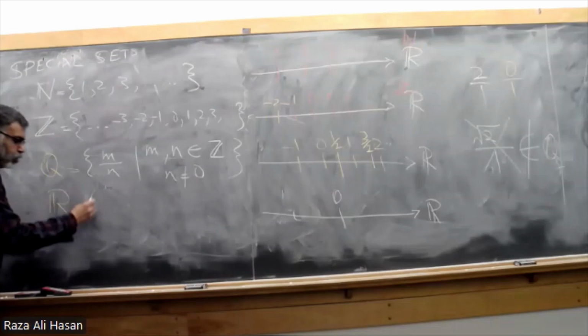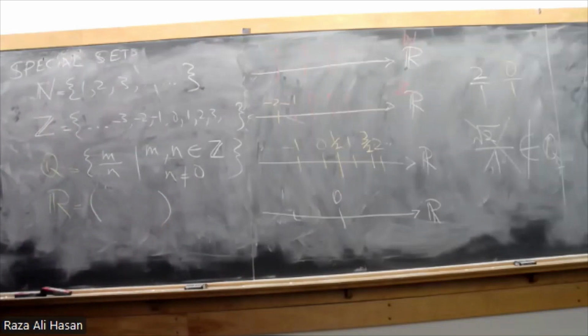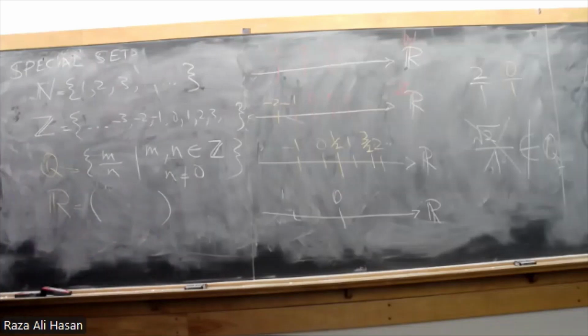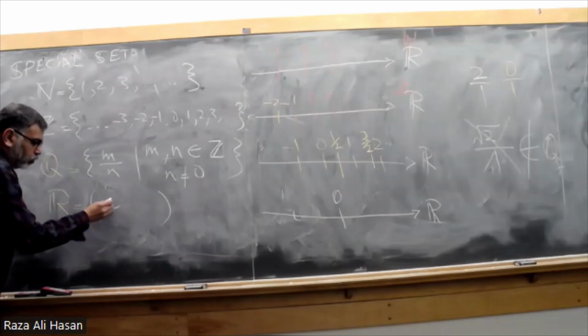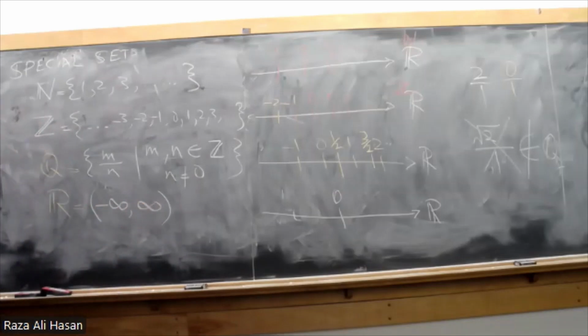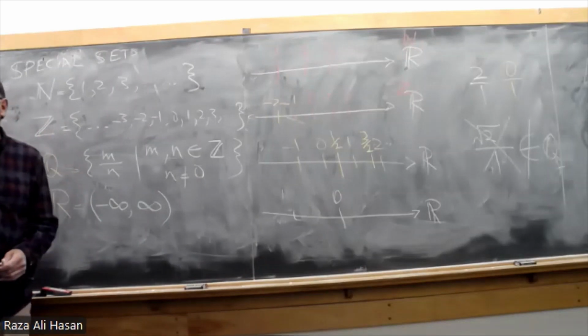In fact, real numbers can be represented with something called the interval notation. This is another way to describe a set. And real numbers are numbers that go from minus infinity to plus infinity.